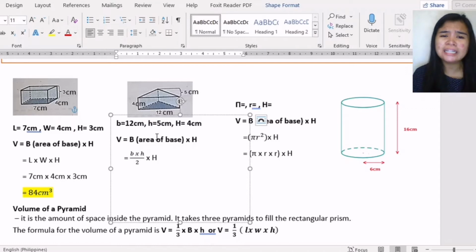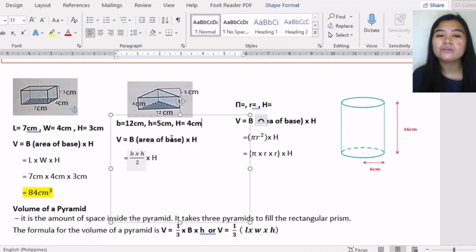So ngayon, ang gagawin natin is we are going to compute for the volume. Ano nga ba yung formula kapag magko-compute tayo ng volume ng triangular prism? Dahil siya ay prism, find the area of the base, then times the height. So, sabi dito, B for the area of the base, and then times the height.